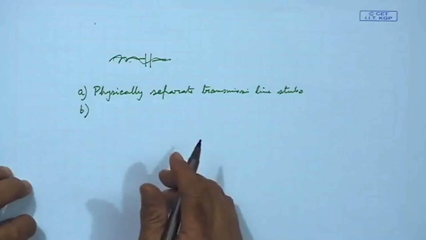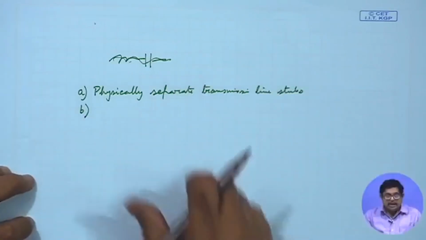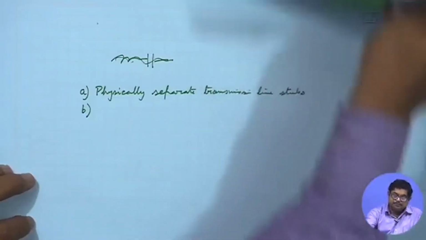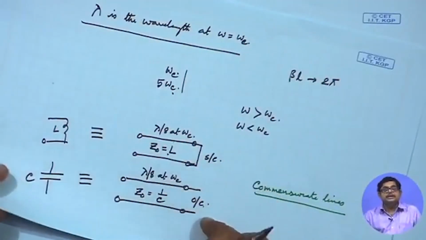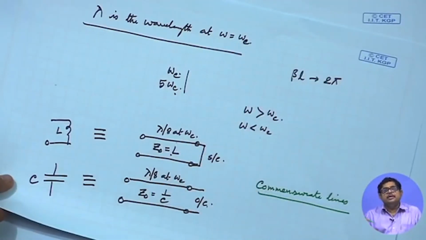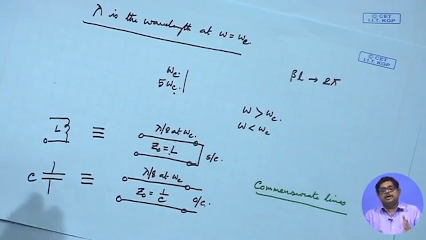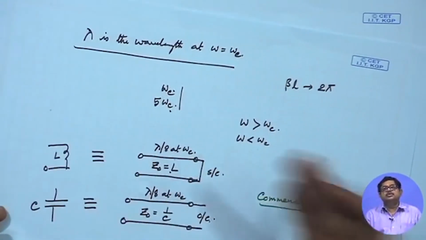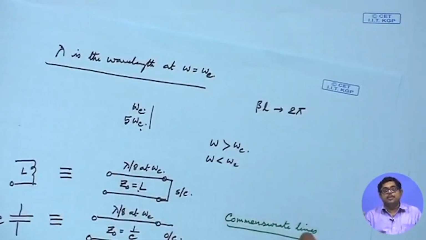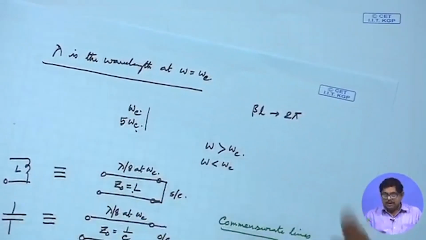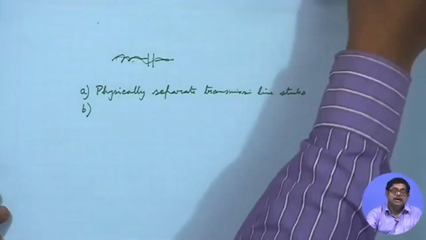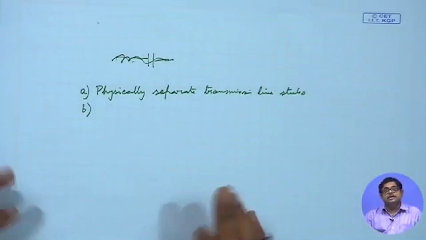Then sometimes in fabrication, if there is a large circuit, all the things should be short circuit or all the things should be open circuit, because that makes fabrication easier. But then I need to have a transformation, and that can be easily done.